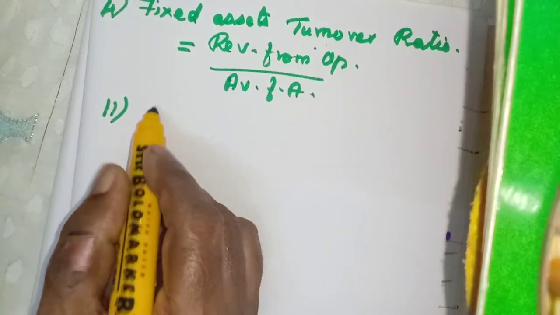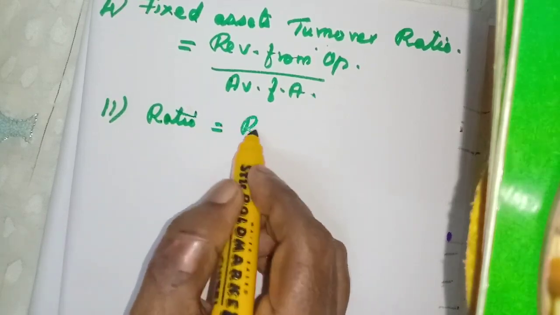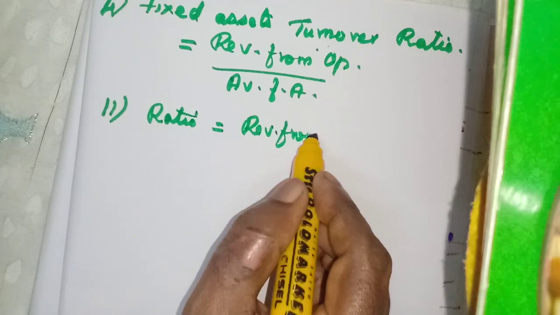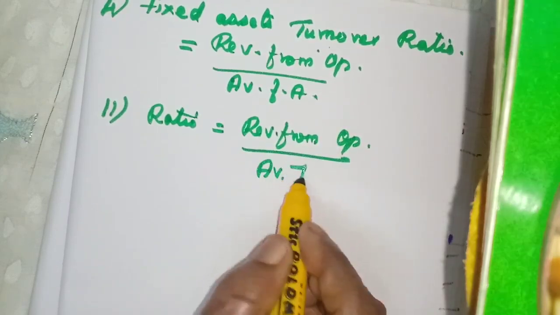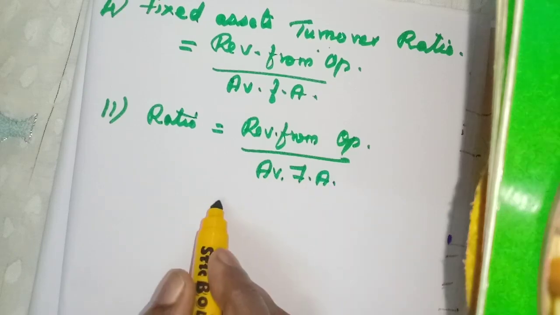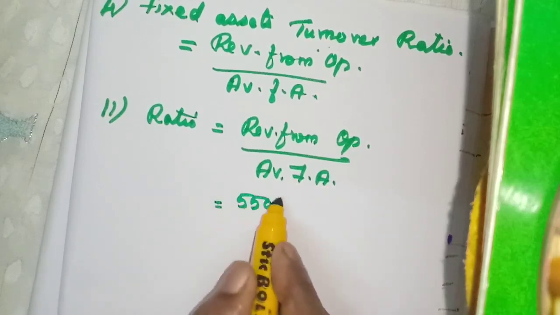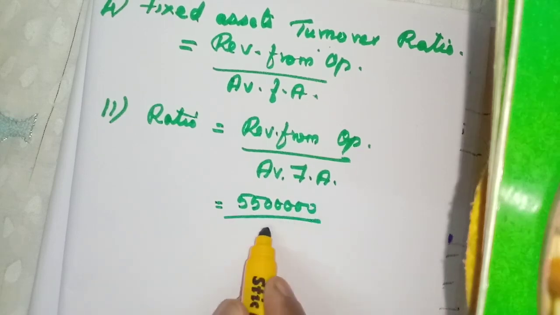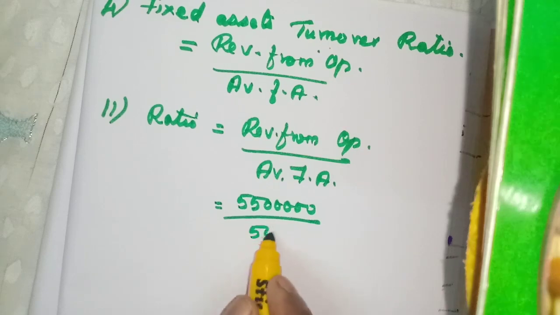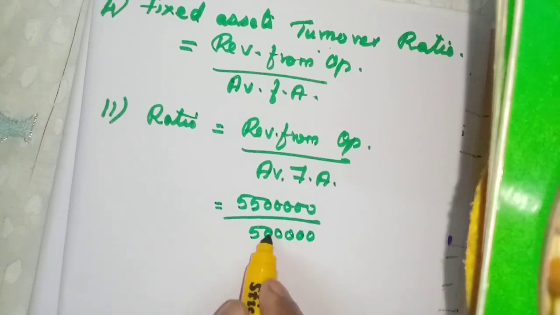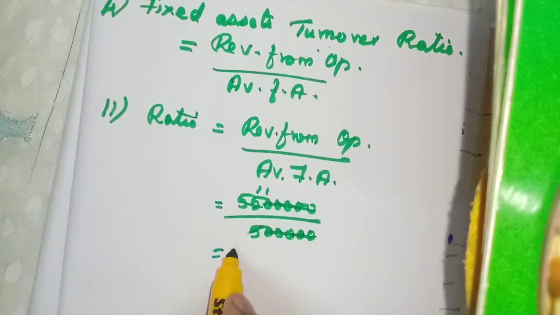So the ratio, you have to write fully: fixed assets turnover ratio is revenue from operation divided by average fixed assets. Revenue from operation 55 lakh. Here only closing fixed assets is given, so write only that one. So 55 divided by 5 is 11 times.